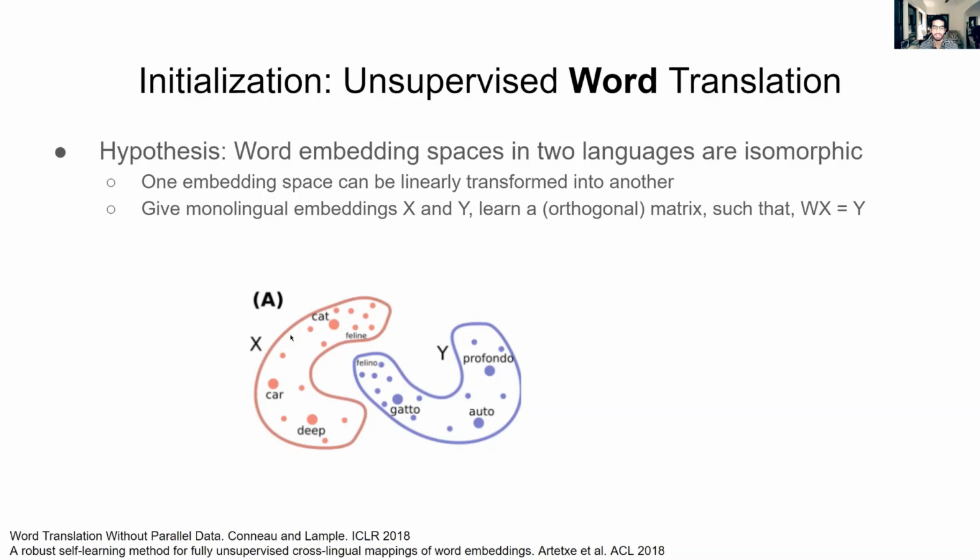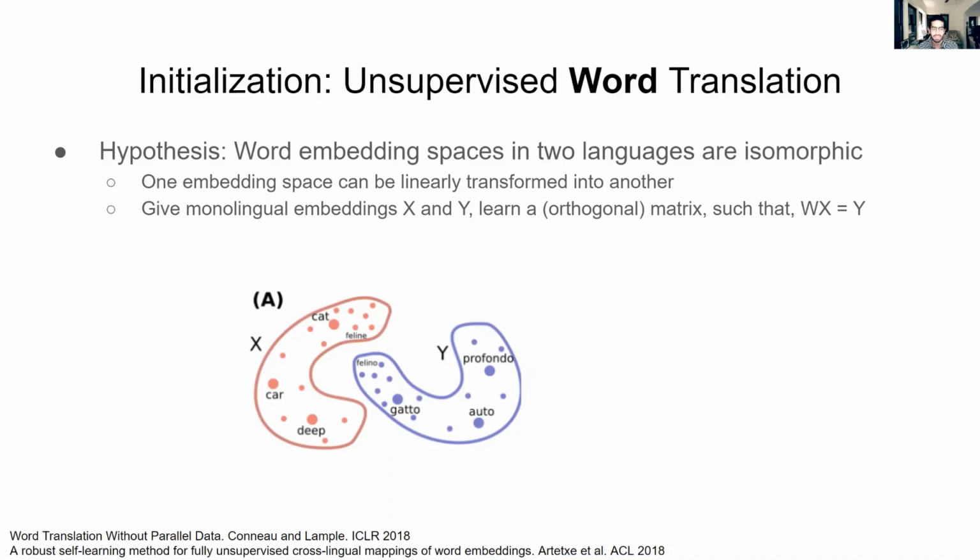The red space, say, is the space of English word embeddings. The purple space is the space of Italian word embeddings. What we want to learn is a bilingual mapping between the words of these two languages, that is word translations.